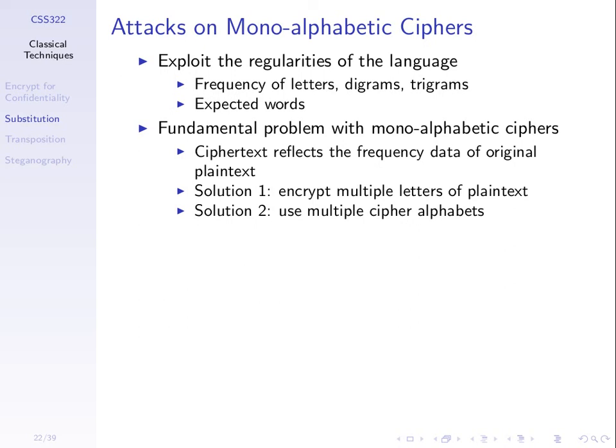So the plaintext has some structure. What an attacker can do is look at the ciphertext. If there's some structure in the ciphertext, then map that back to the expected structure of the plaintext and use that to try and assist in finding the key or the plaintext.